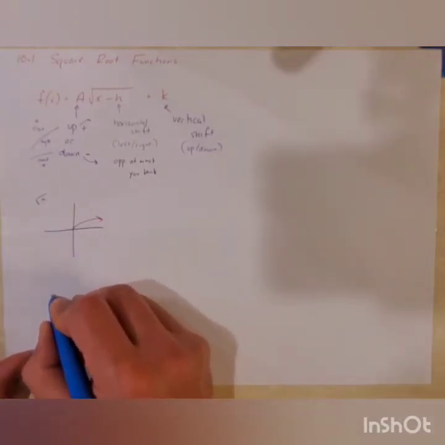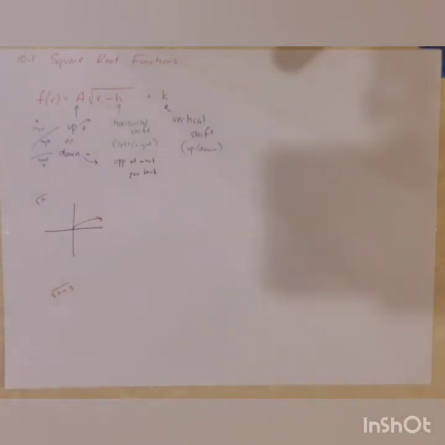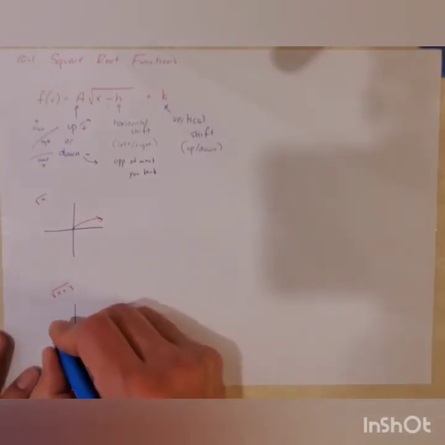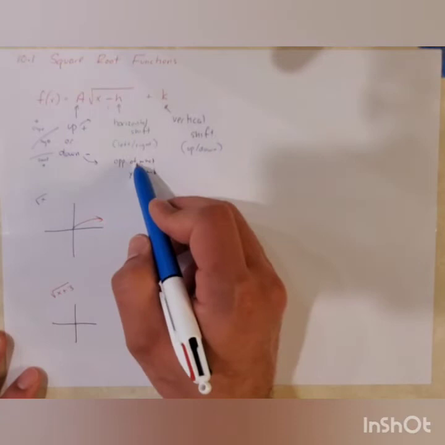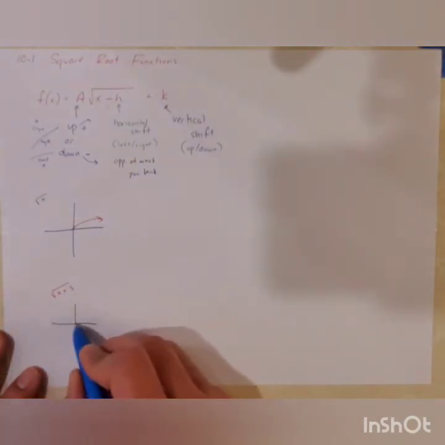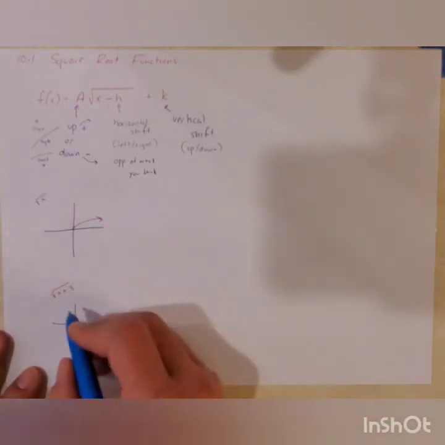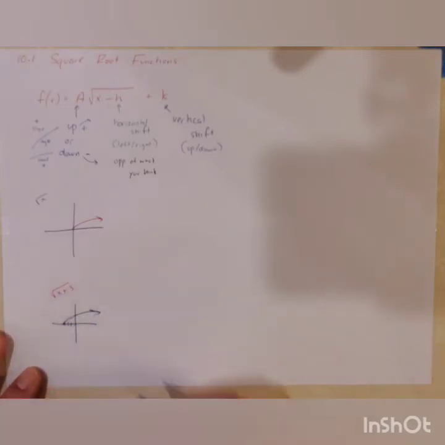If you had square root of x plus 3, now, square root of x plus 3 is going to tell me that actually this graph, that plus 3, is a horizontal shift, opposite of what I'm thinking. So when I see plus 3, horizontal shift is left-right. I'm thinking, oh, that's right 3. It's the opposite of what I think. So it actually would be left 3, and it would look like this.